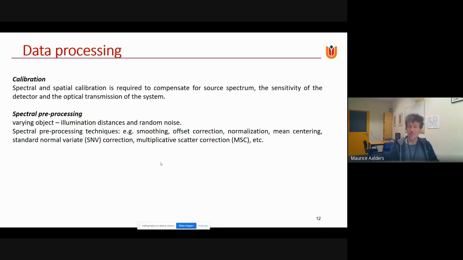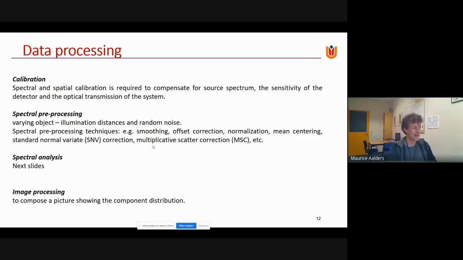But if you want to measure the concentrations of a certain component, you're basically throwing that information away by correcting for these amplitude differences. So you have to be very careful when adjusting your spectrum using the spectral pre-processing. You have to be very aware of what information you're throwing away, because that's what you do when you're applying these. And I'll come back to the spectral analysis, and then we have to do some image processing, and I'll show you that later.